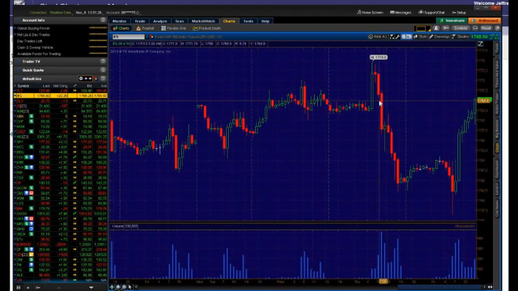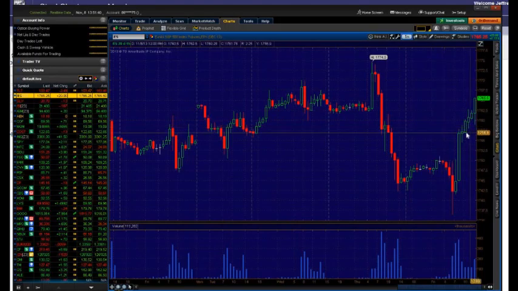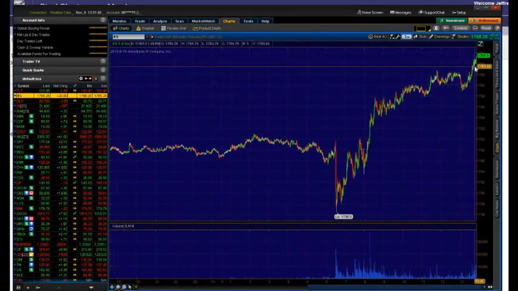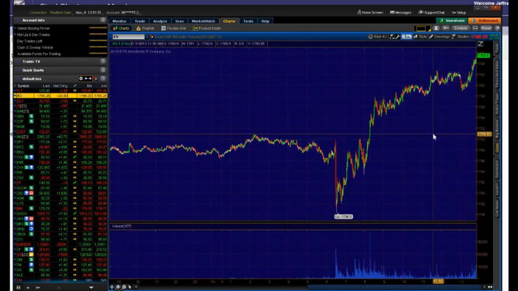It's basically ending right back where it opened yesterday, right back in that same area, and you're seeing a little bit of melt up here at the close, which is very normal for a low volume Friday that's been bullish pretty much all day. You're seeing some of that buying flush in here.